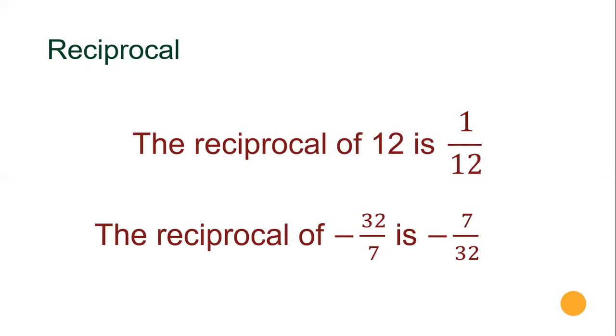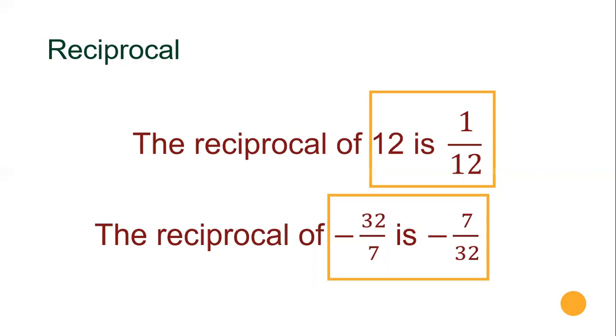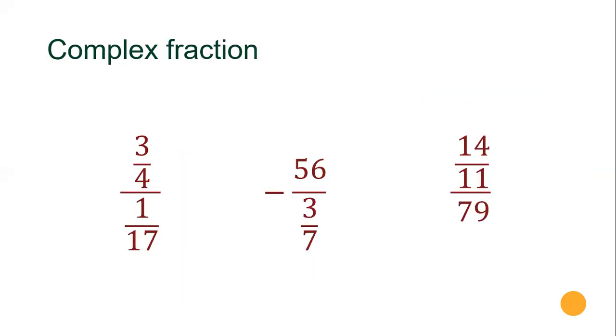The reciprocal of negative 32 over 7 is negative 7 over 32. Again, the reciprocal of 12 is 1 over 12, and the reciprocal of negative 32 over 7 is negative 7 over 32.